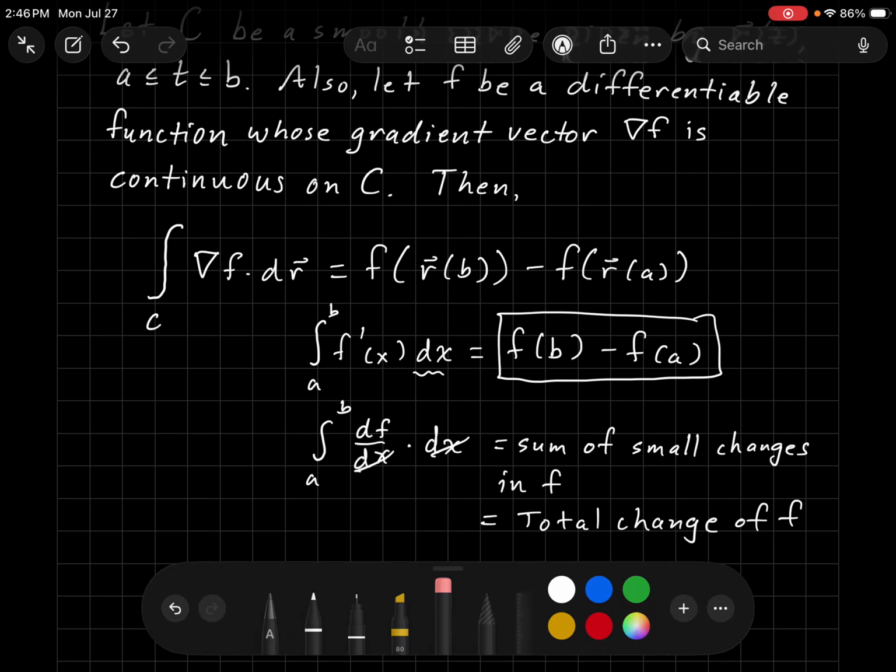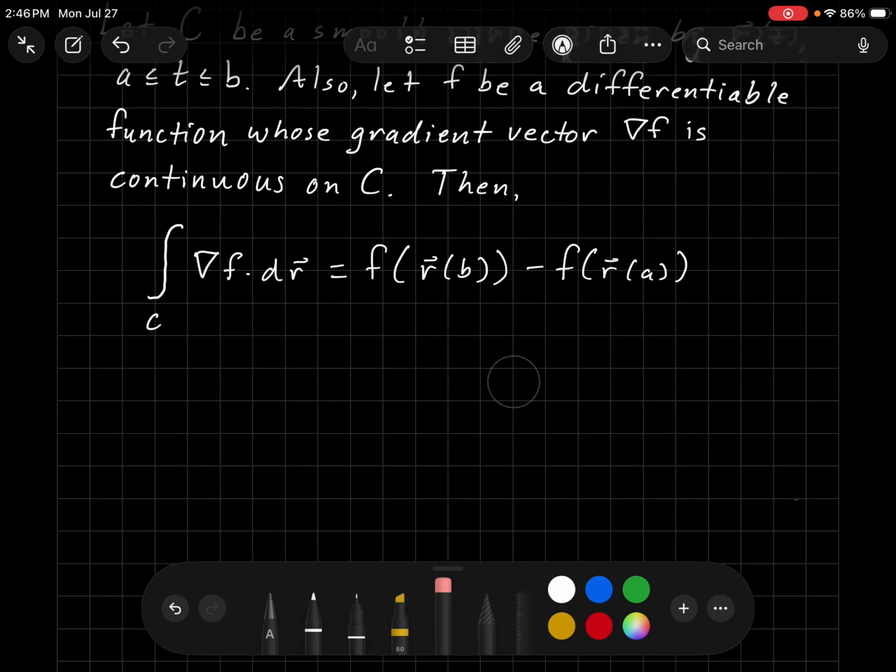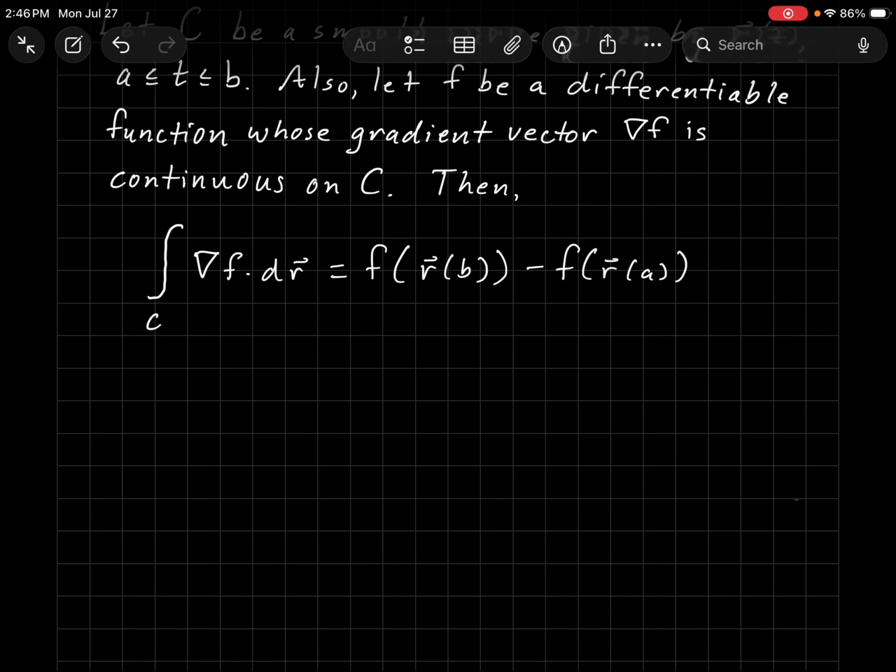So let's do the proof for this multivariable situation. And you're going to see it's going to be similar, or at least the end result will be similar. I'm going to do the proof in 2 dimensions.